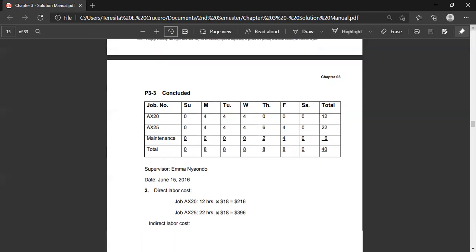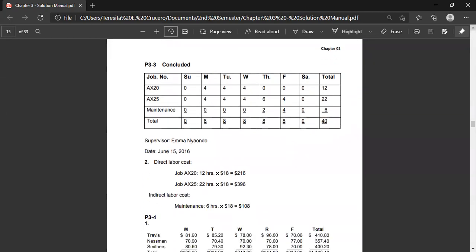So direct labor cost on job EX20 is a total of 12 hours times the rate of 18, and on job X25, 22 hours, so you get 396 and 216. The portion which is indirect labor cost for maintenance is 6 hours times 18, so you get 108.